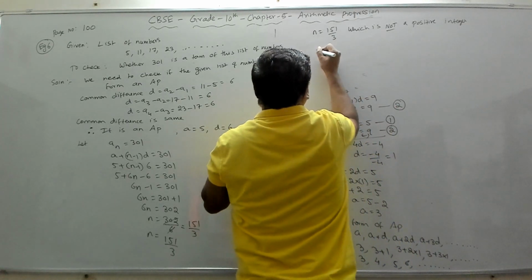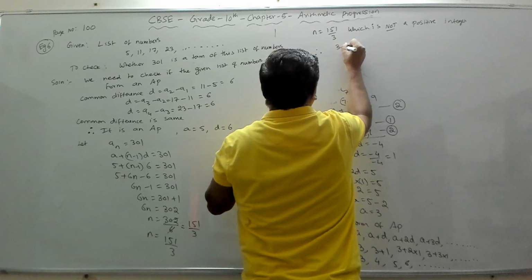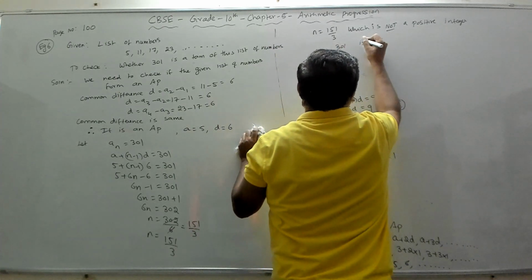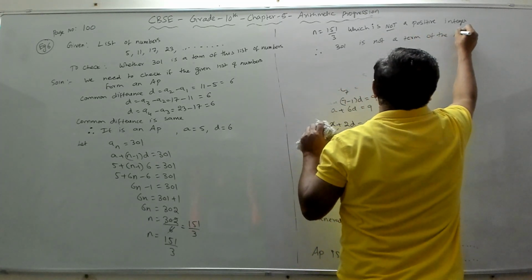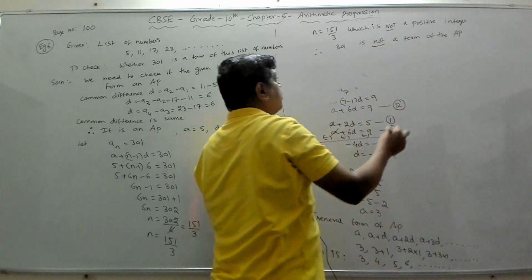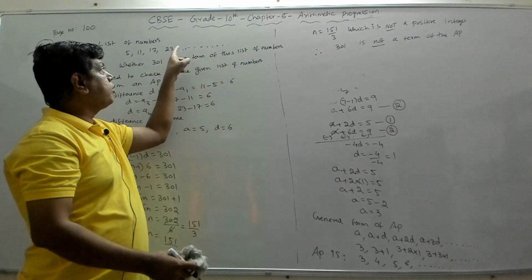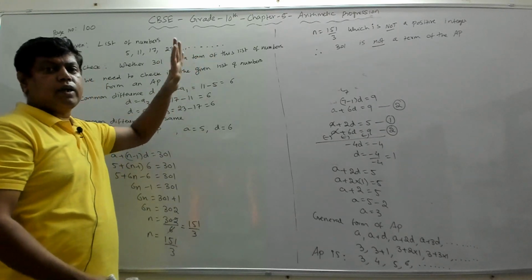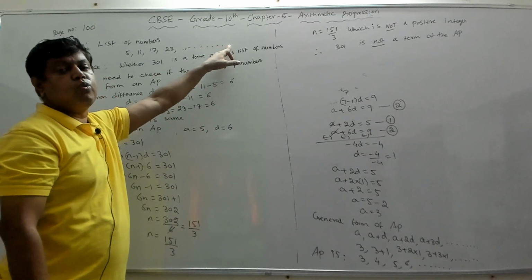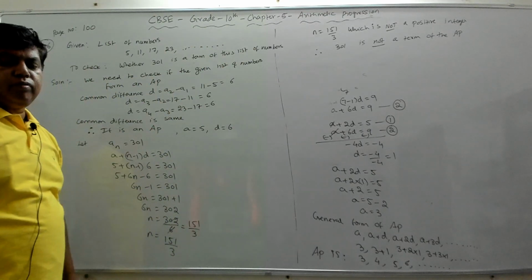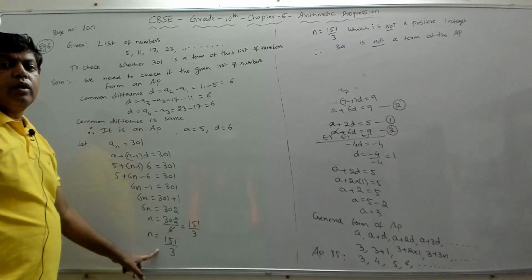Therefore, 301 is not a term of the AP. The number 301 will never come if you keep on writing. You may get 298, after that it may go to 302 or 303. So 301 will never come, because your n is not a positive integer.